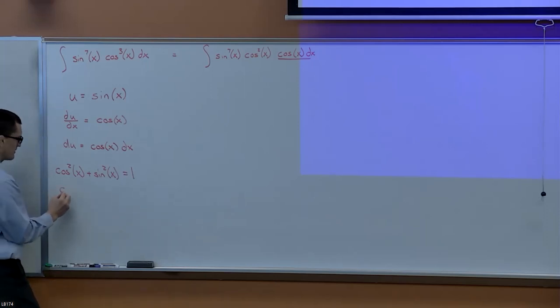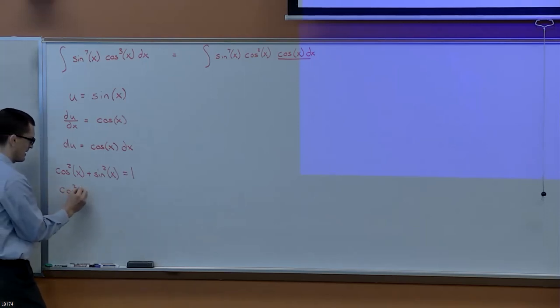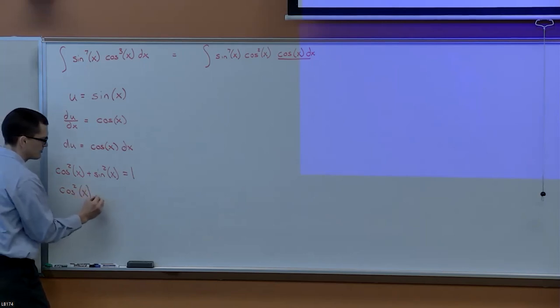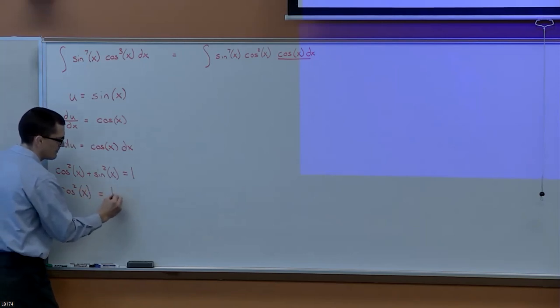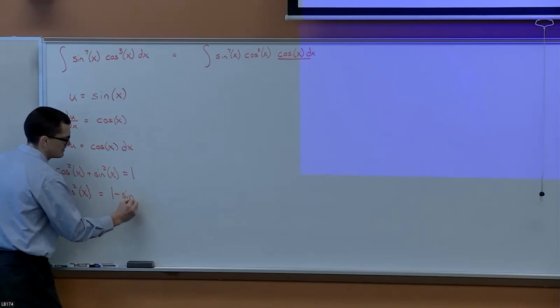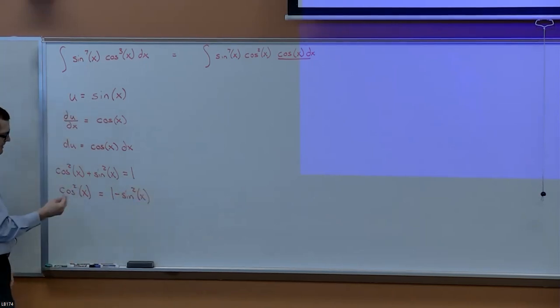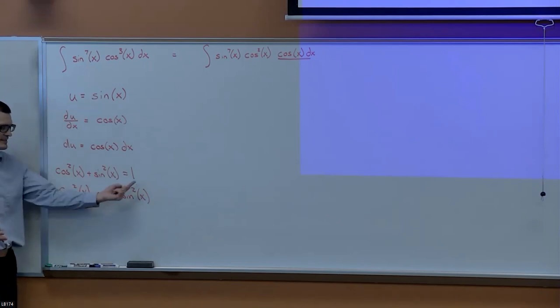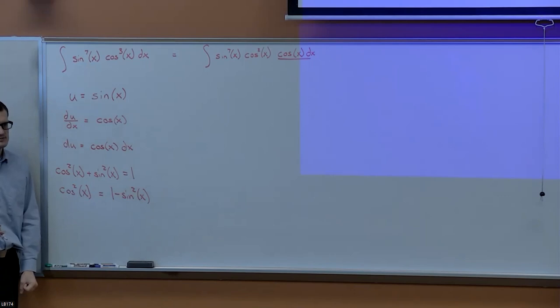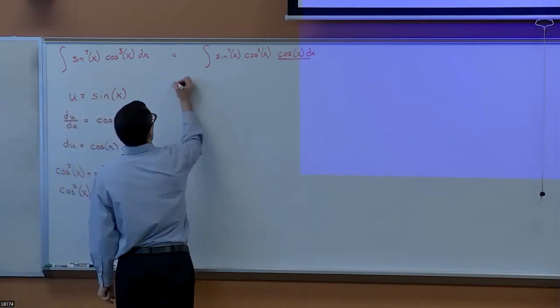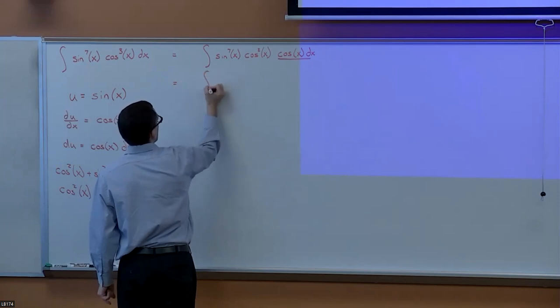Cosine squared can be exchanged for 1 minus sine squared of the same argument, obviously. That's just subtracting sine squared from both sides. So I'll do that exchange.